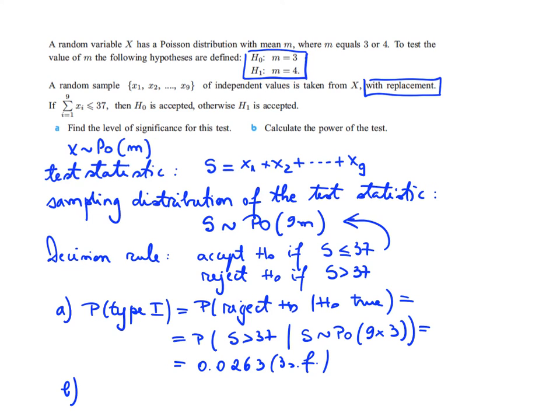Part B, power of the test. To find the power of the test, I need to find the probability of a type 2 error first. And it will be the probability of accepting H0 given that H0 is false.